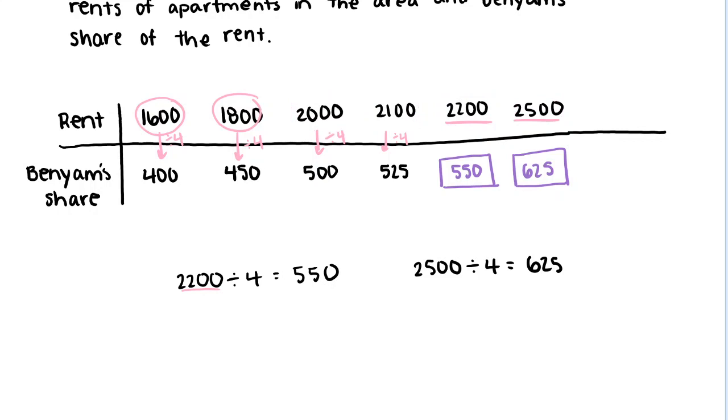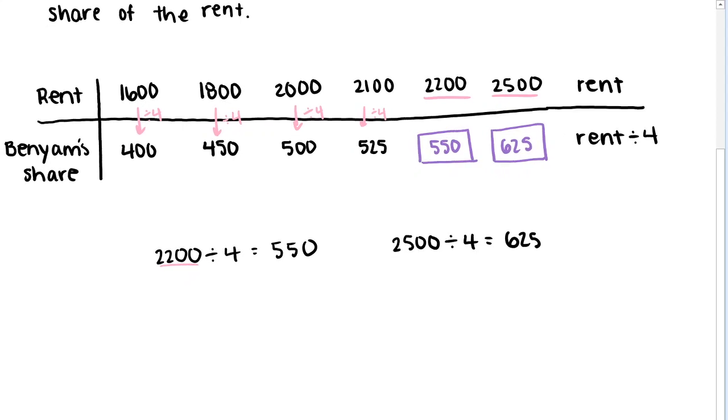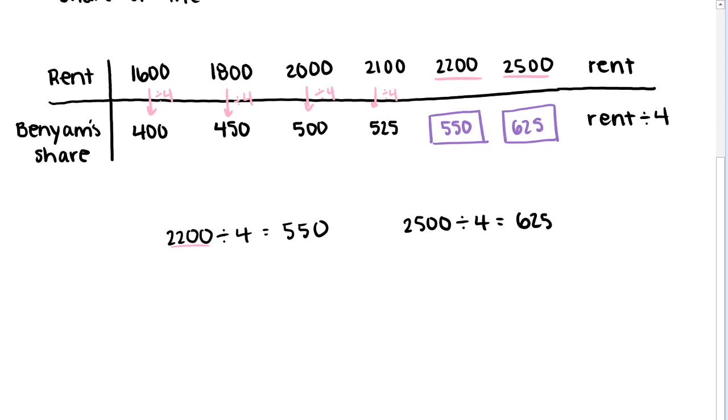So if we just found some apartment for Binyam and his friends, and there was some amount of rent, how would we compute Binyam's share of the rent? Well, we would just take whatever that number is, our variable rent, and divide that by 4. That would be Binyam's share of the total rent. And that's really the idea behind building an equation that represents a situation, or that would go along with this table.